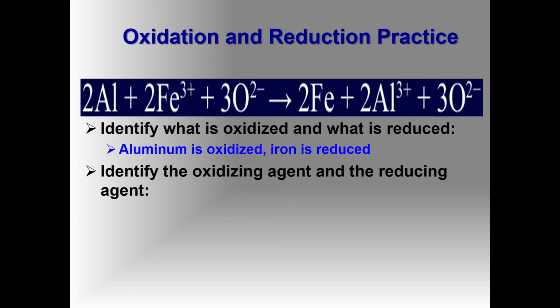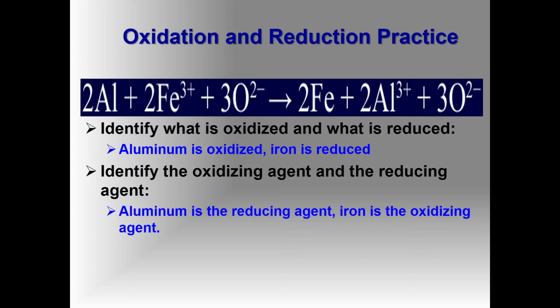So aluminum is oxidized and iron is reduced. Aluminum is the reducing agent and iron is the oxidizing agent.